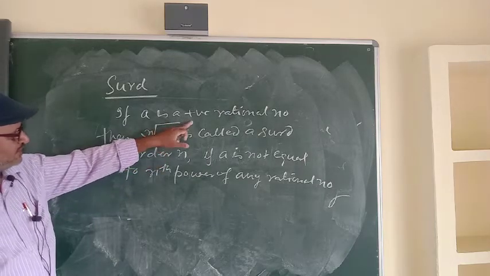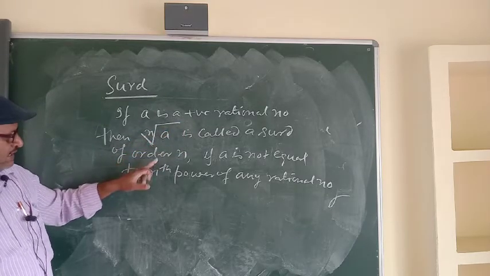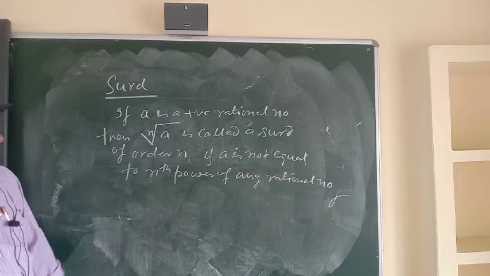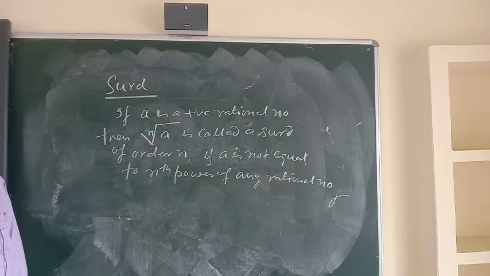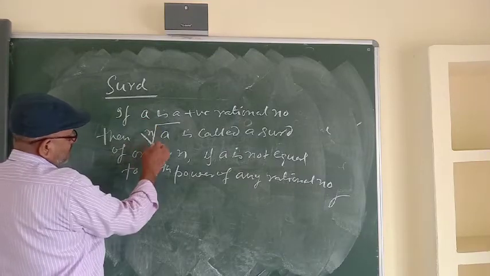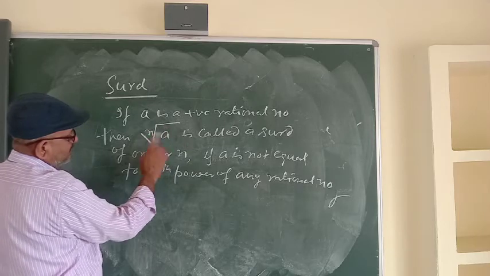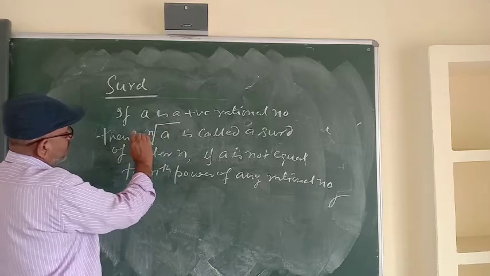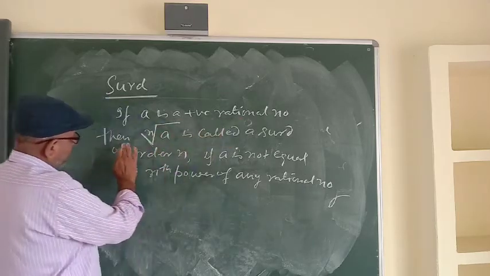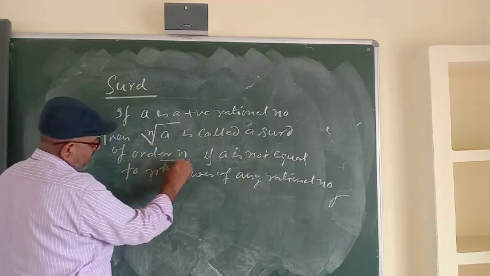If a is a positive rational number and we cannot take the nth root of a, then it is called a surd. Every surd is an irrational number. Here the definition requires n to be greater than 1; n may be 2, 3, 4. a is a positive rational number. Then the nth root of a is called a surd of order n.